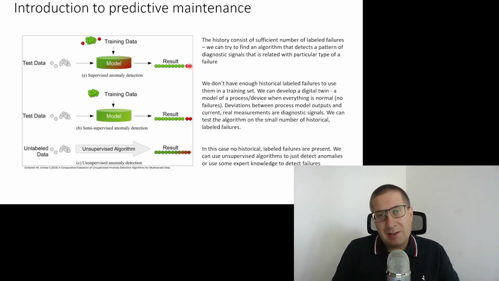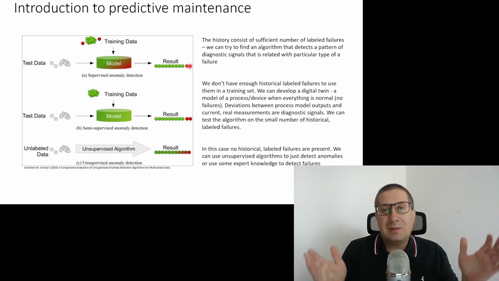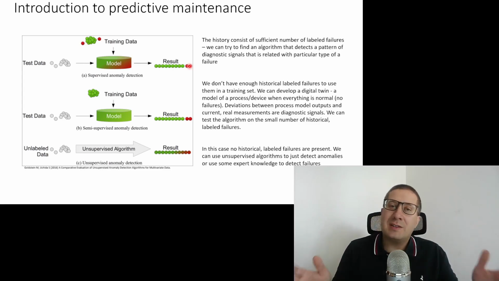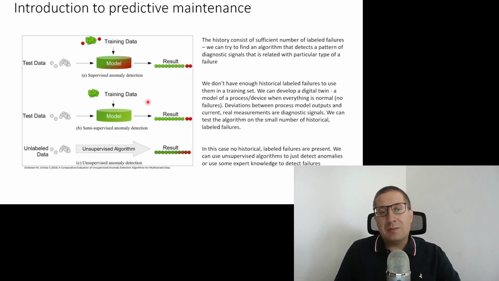Usually failures are not something that happens many times. Usually the processes, the plants, factories operate without failure for the majority of time. So the typical situation is this one, where we have historical data.